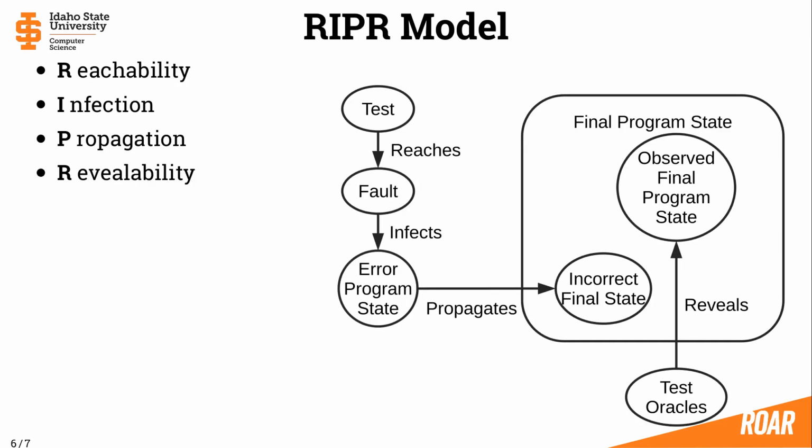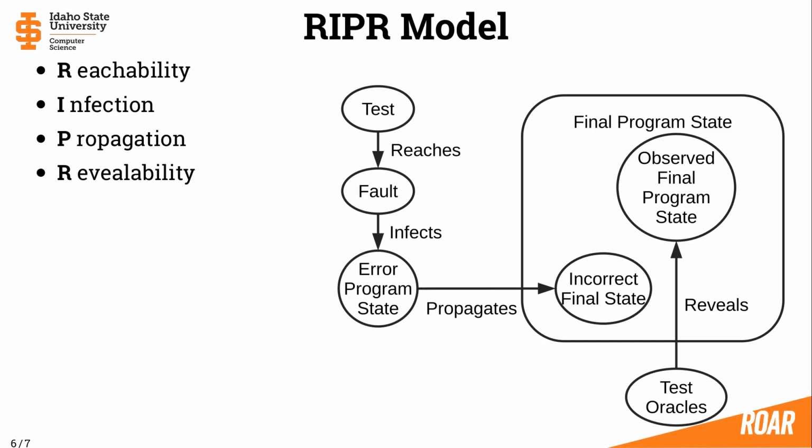So the RIPR model, as we just talked about, is how it works. We start with a test. The test gives some sort of input that reaches the fault. The fault then infects and creates the error program state. That error program state then propagates to the incorrect final state.